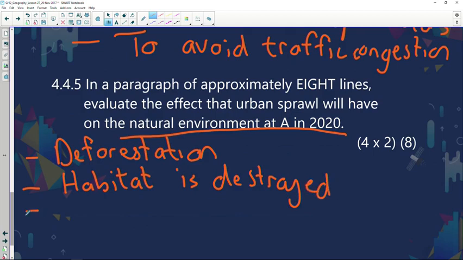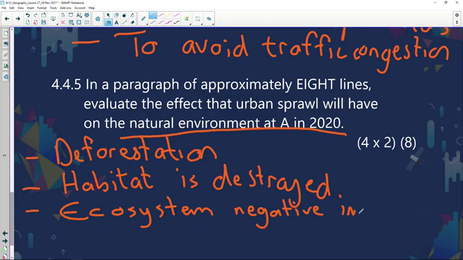Okay, because the habitat is being destroyed, it's going to have a negative impact on the ecosystem. Just going to write a negative impact. And obviously there's going to be a disruption on the food chain.